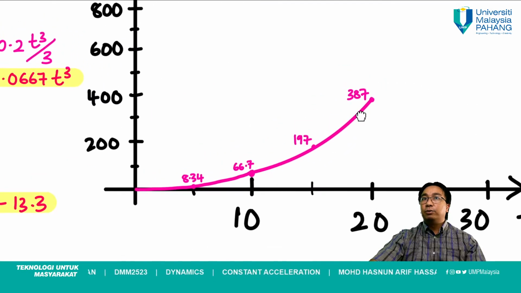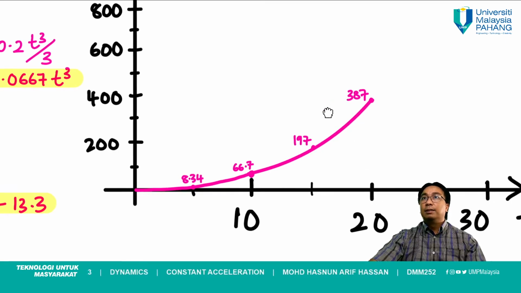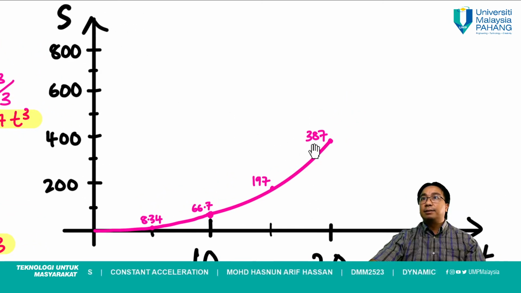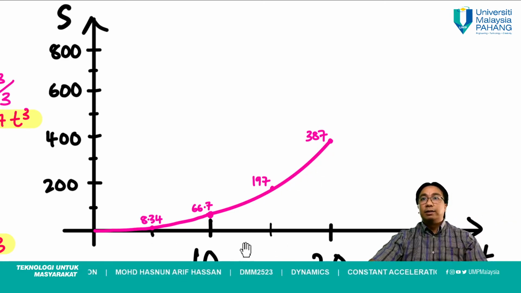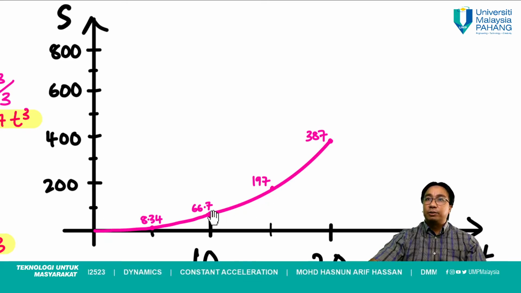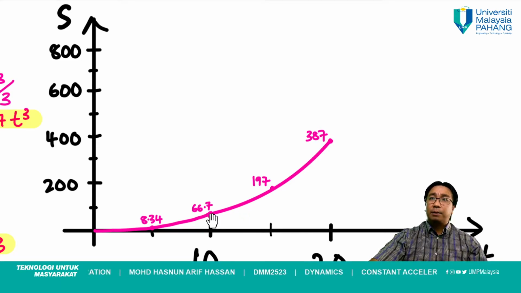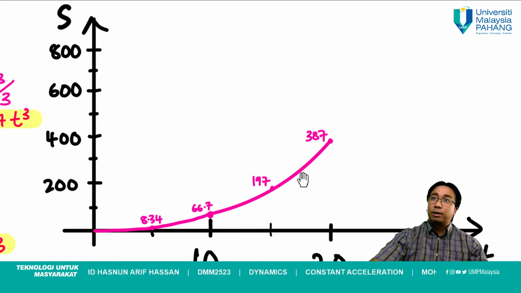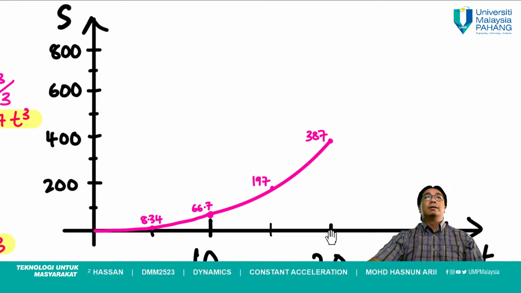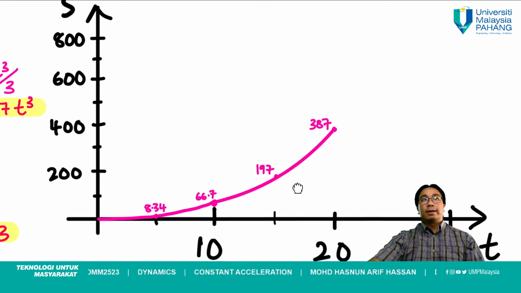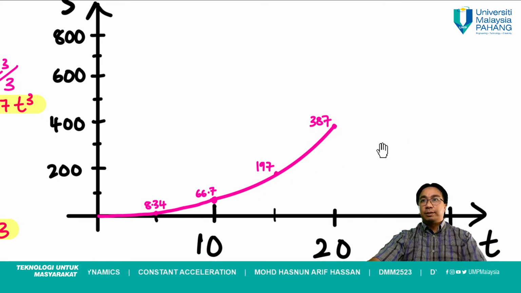You akan dapat value when t equals to 20, the displacement S is 387. Okay, yang ni kita dah tahu tadi. Kita dah calculate awal tadi. You can check juga pada time t equals to 15, the displacement is 197. So dekat sini, the second phase is another curve, curvy line. So you start daripada this point, you akan draw a curve up until 387. Okay. Any question?